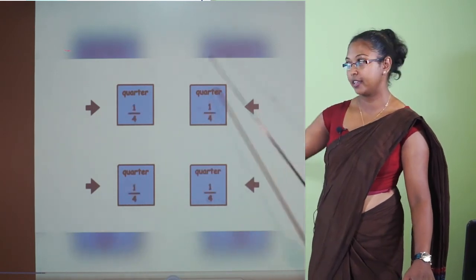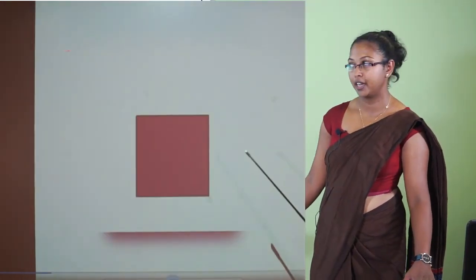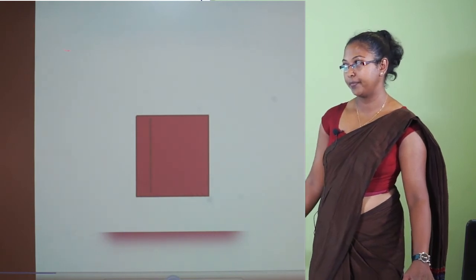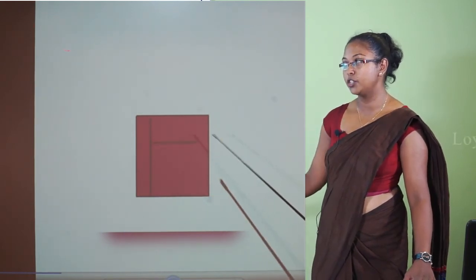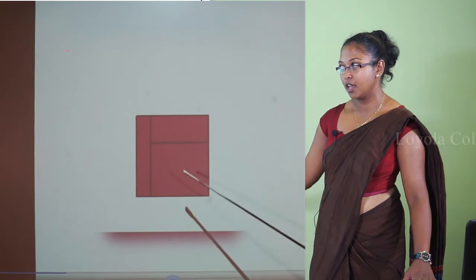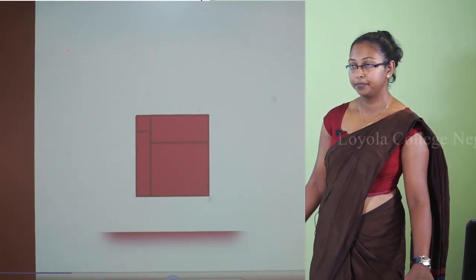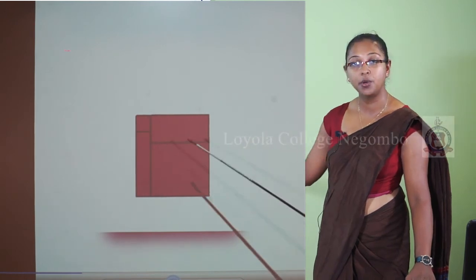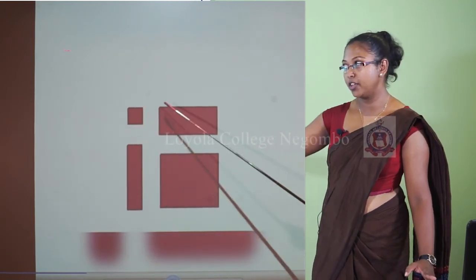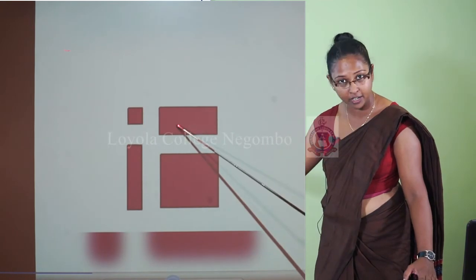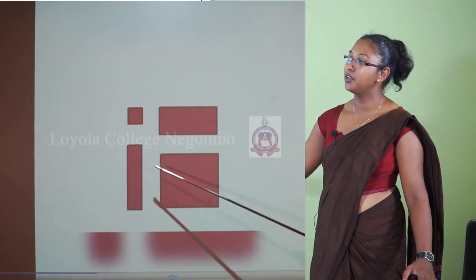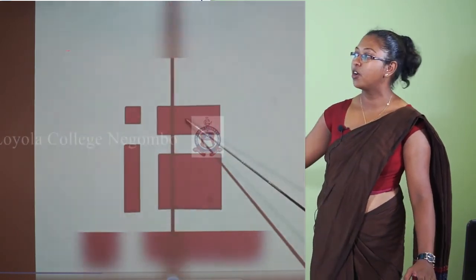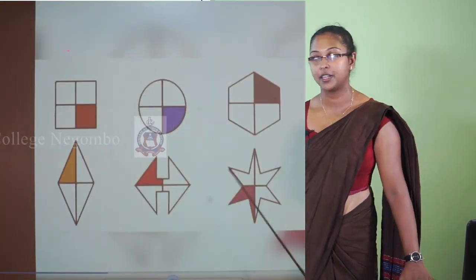How many parts are there? 4 equal parts. And here see, again it's been divided into 4 parts. Are they equal, Pute? 1, 2, 3, 4. Are these 4 parts equal? No. So can we call this a quarter? No. They are not quarters because they are not equal.